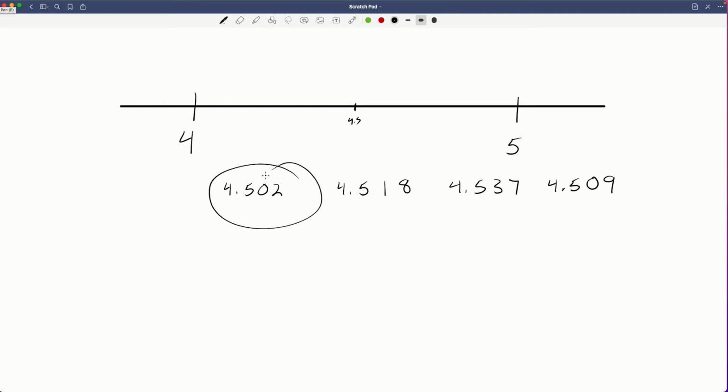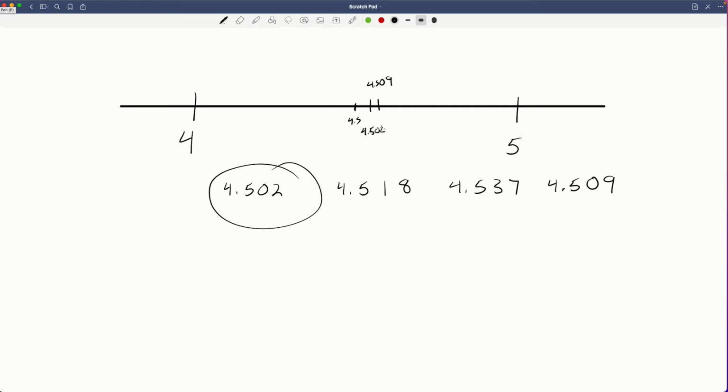This one. Because they're all 4.5, but 0 comes before 1, right? And 02 comes before 09. So 4.502 would come first, and then you would put 4.509. So it's just like what you think it is.